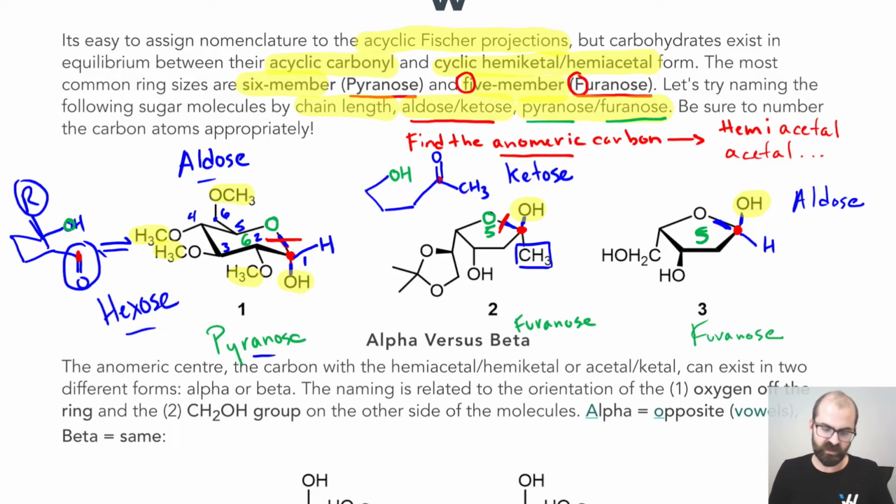Well, this one's a little bit trickier because it's a ketose. And if you remember, with all these carbon chains, we start the counting at the very top of our carbon chain. So we actually start counting at the CH3 that's bound to our anomeric carbon. And if that was like an ethyl group or it had more carbon chains on it, we would start counting at the end of that chain.